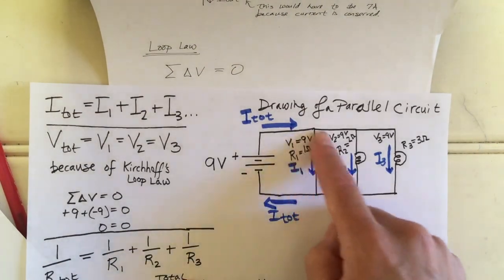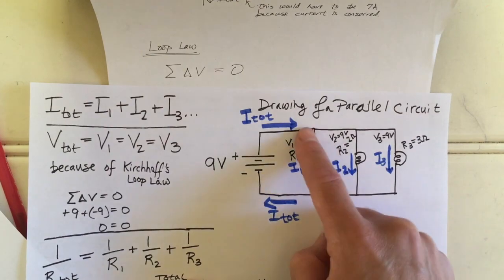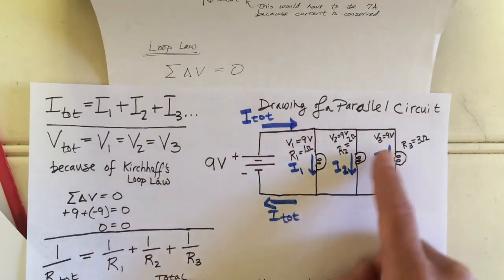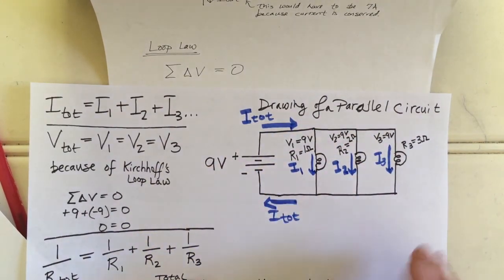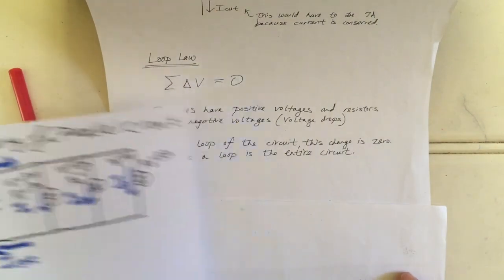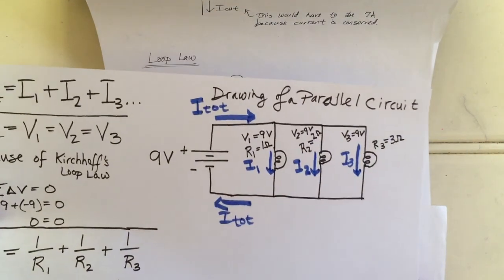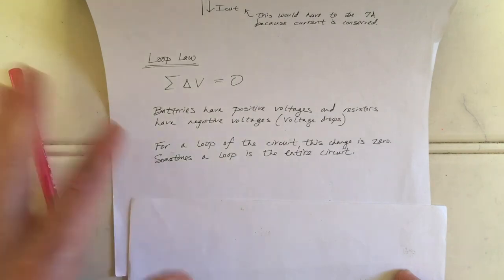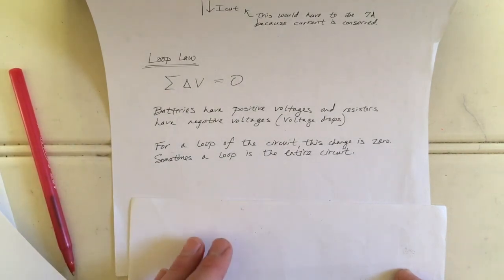This was a loop and got -9. This was a loop and had -9. This was a loop and had -9. And this has 9. Notice a lot of times we ignore that negative sign. We just deal with magnitudes when we are working through calculations, so that's fine to ignore. But realize that it's actually there.